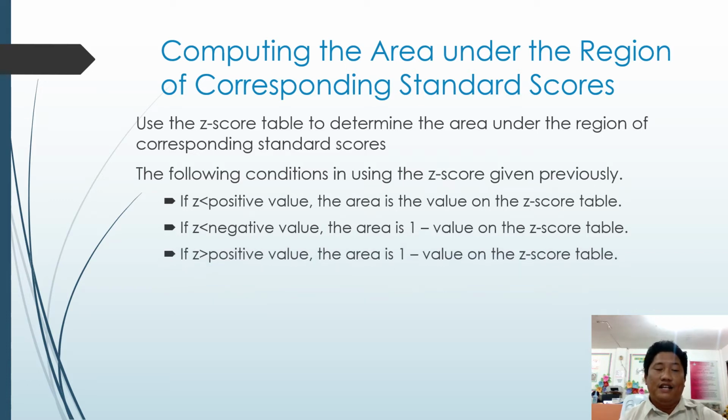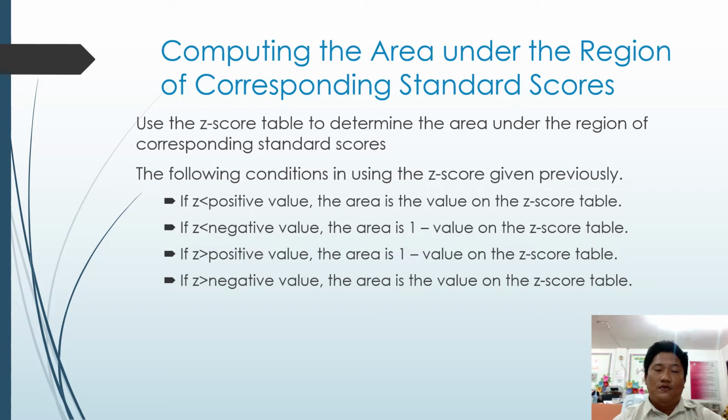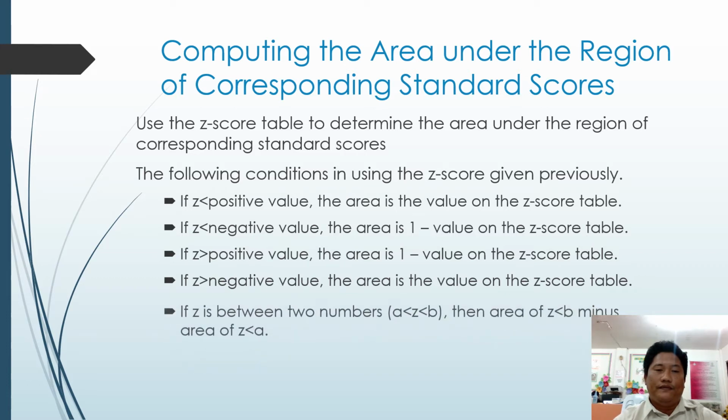Next, if z is greater than a positive value, then the area is 1 minus the value on the z-score table. And if z is greater than a negative value, then the area is the value on the z-score table. Later on, we'll discover why these conditions exist.